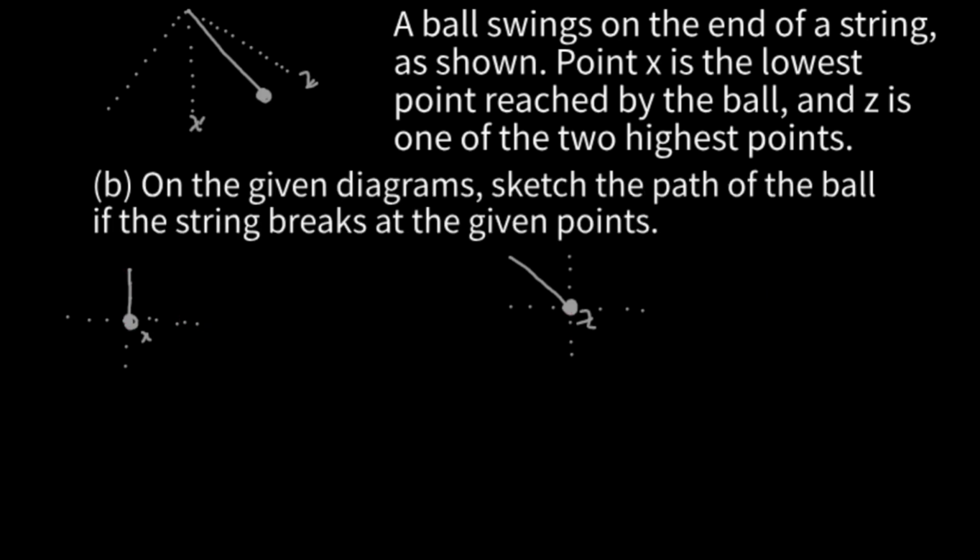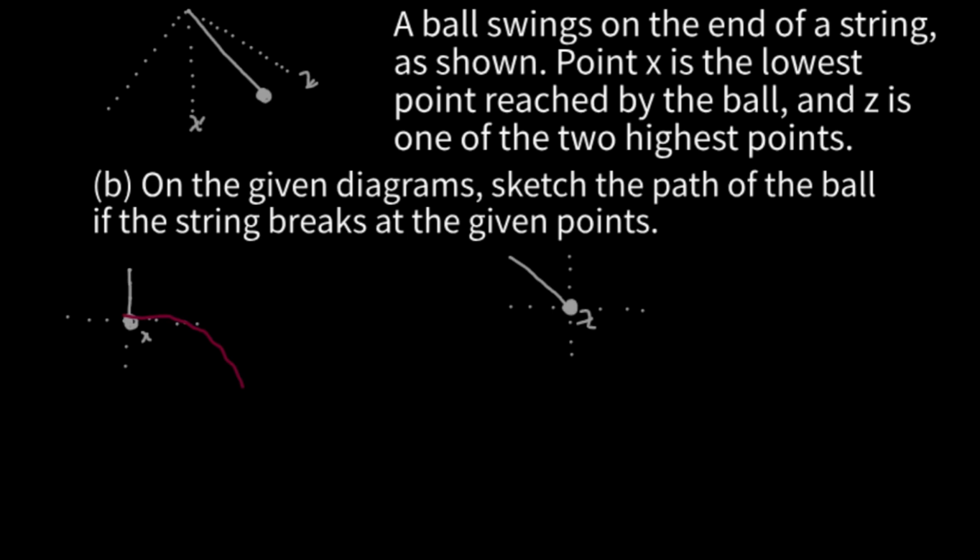In part B, we have a string breaking, and the ball is going to take different paths depending on where it is at that point. So in this diagram here, where the ball is at point X, we know that it has a velocity either to the left or the right on the x-axis. Therefore, for example, it might take a parabolic path that way, or it could also be going to the left.